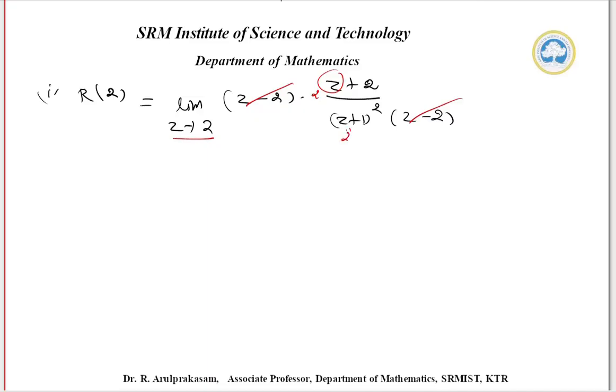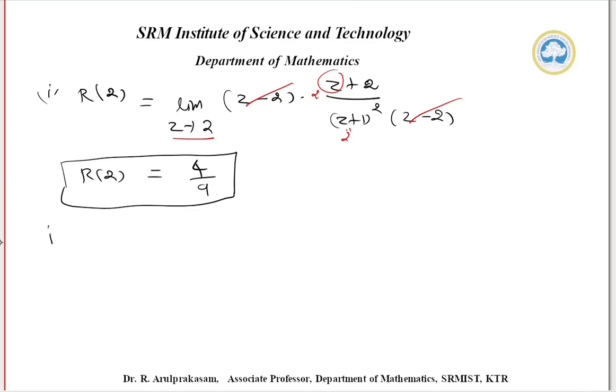So what is the answer I am getting? Here 2 means 4, and in the denominator 2 plus 1 is 3, 3 square, nothing but 4 by 9. This is the residue at a simple pole z equal to a.